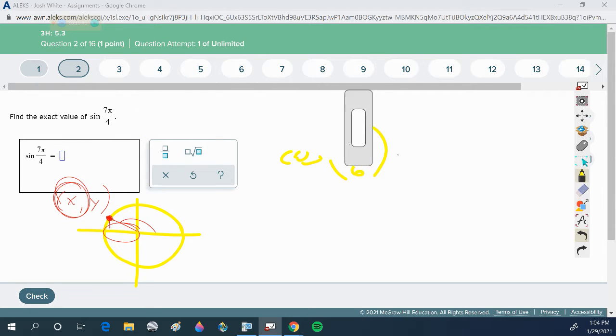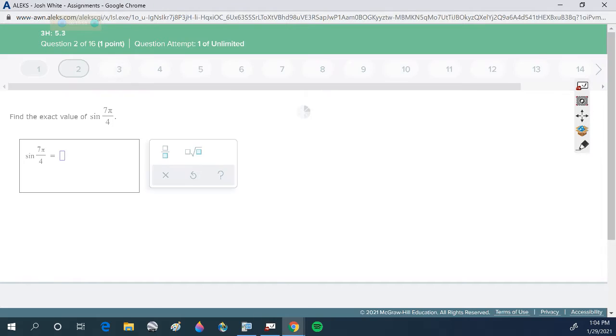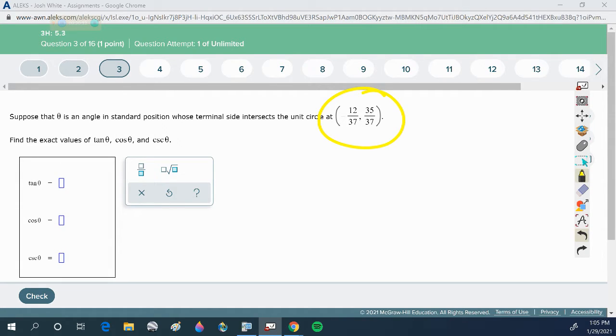All right. Suppose that theta is an angle in standard position and it ends at negative 12 over 37, comma, 35 over 37. Where is that? Where is this point?